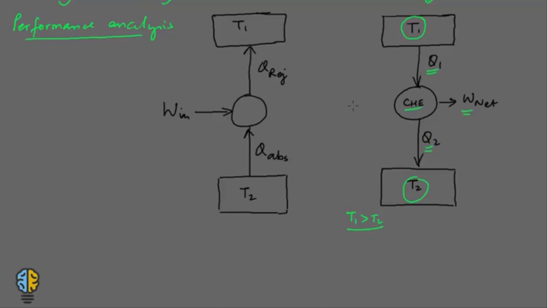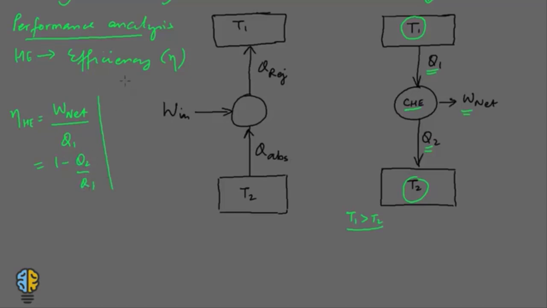For a heat engine, the performance analysis is done with the help of a parameter named efficiency. So we calculate the efficiency of a heat engine, and the efficiency is given as the ratio of the net work output upon the heat input, and this is equal to 1 minus Q2 by Q1.